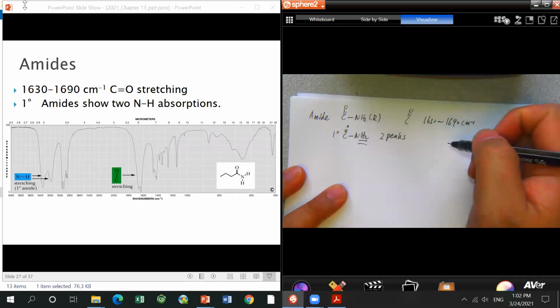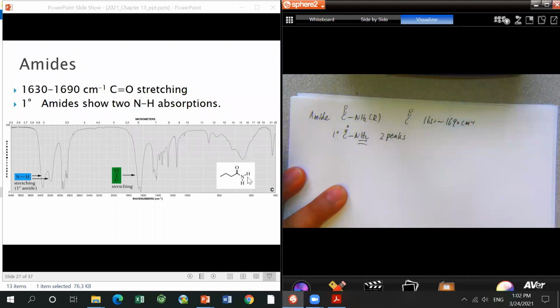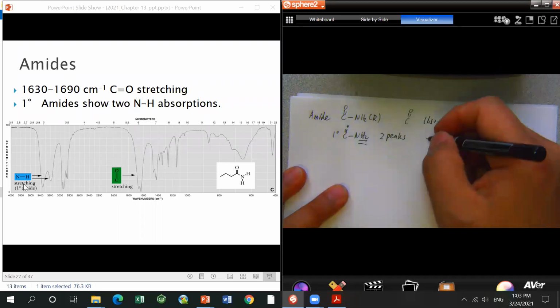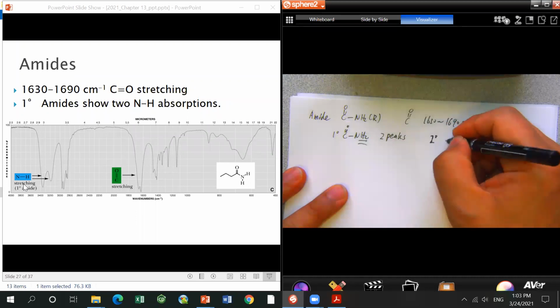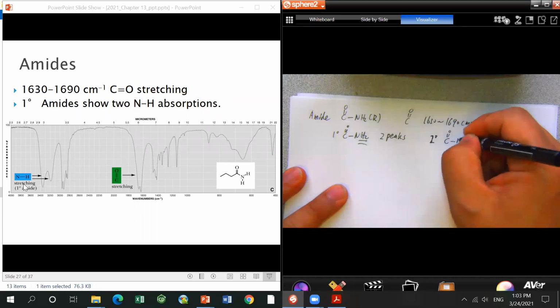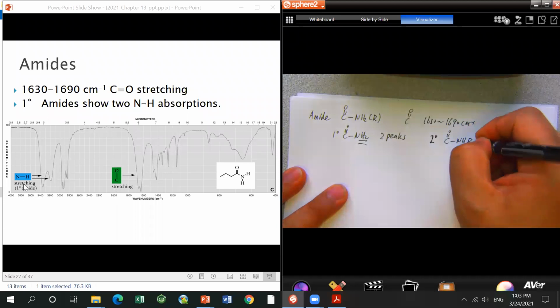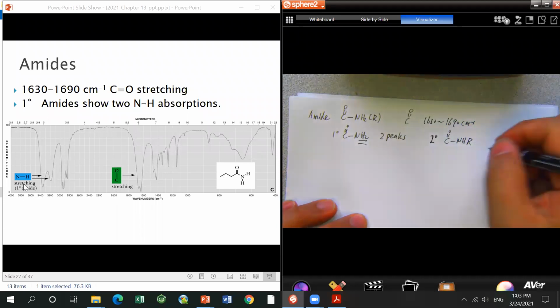One example showed here is butanamide, where you see two peaks, around 3300 and 3400. If it's a secondary amide, there's only one NH, so you also only see one peak in this area, only one peak.